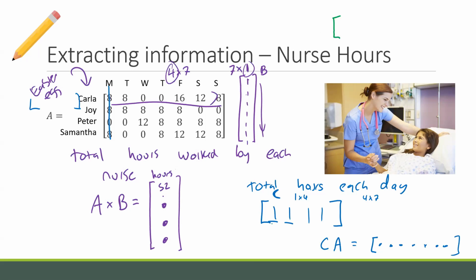Well, instead of multiplying by 1, 1, 1, 1, we can multiply by 1, 0, 0, 0.